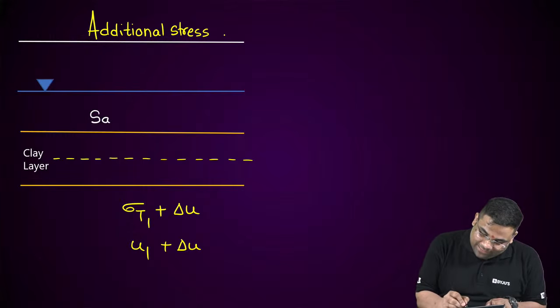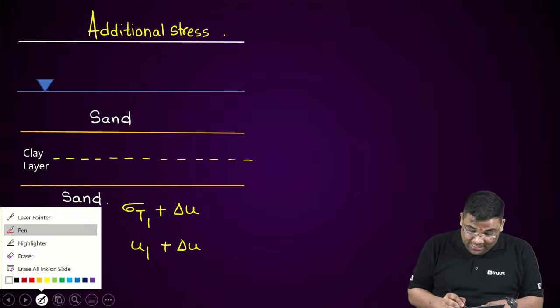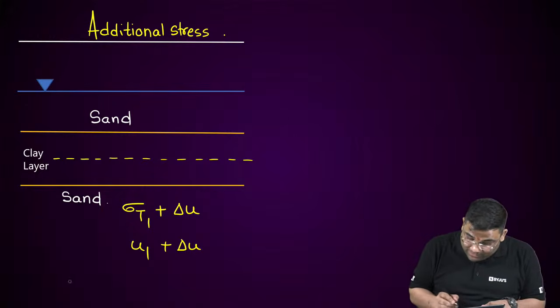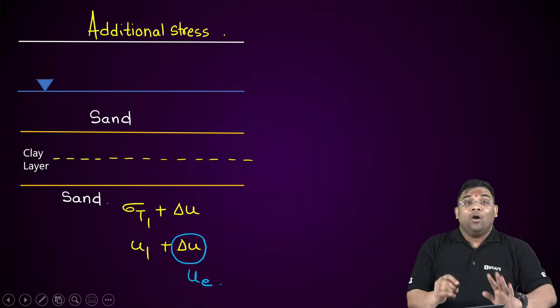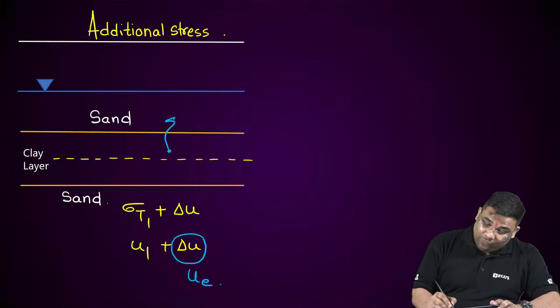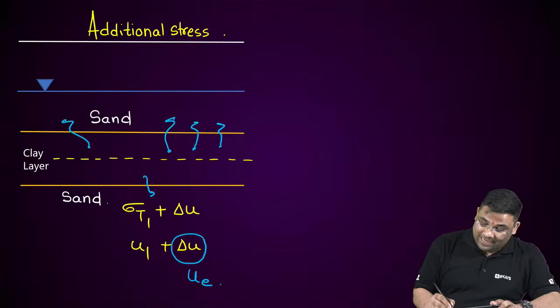Suppose this side also sand is there, this side also sand is there. That means it is permeable. So what will happen? Due to this excess pore water pressure, the water will be forced to expel out of these pores like this.